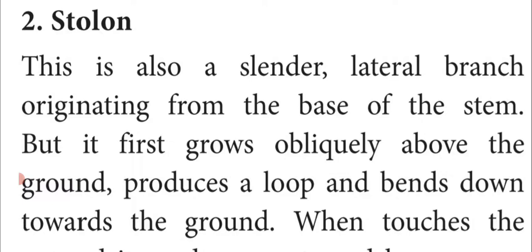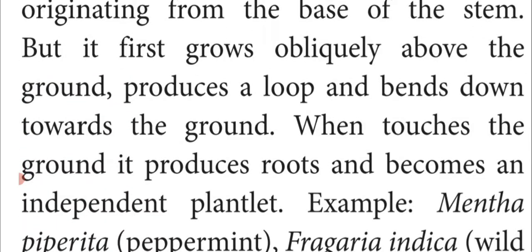First, it grows obliquely above the ground level, but it produces a small curved loop-like structure above the ground level, and then it bends down towards the ground level. When the loop-like stem portion touches the ground level, it produces a root and becomes an independent individual.